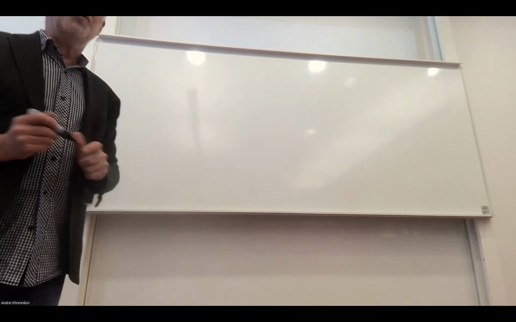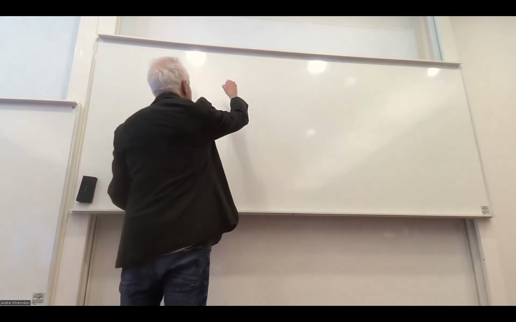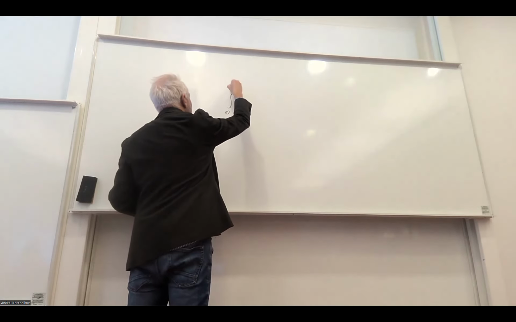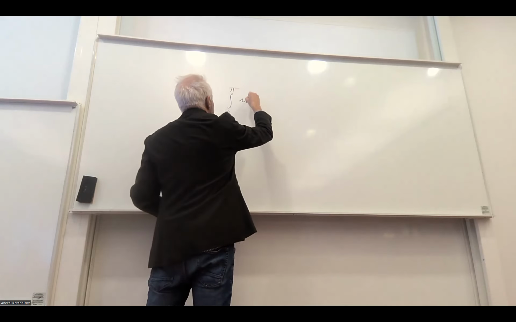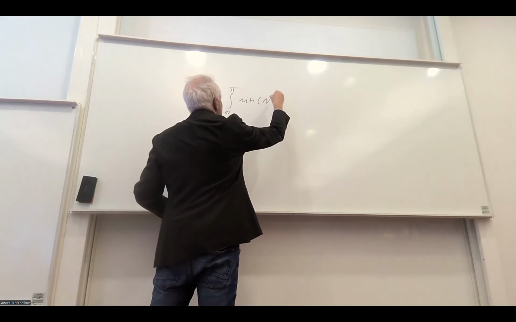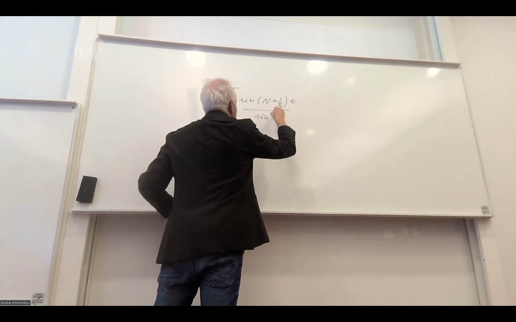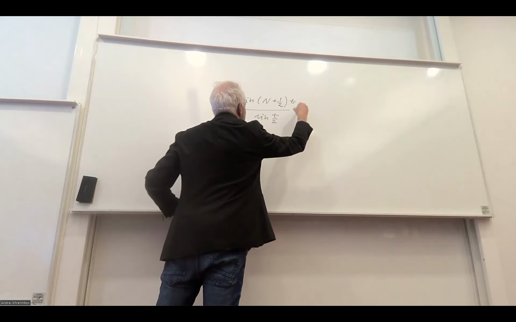So now go back to the Dirichlet sum, and we want to calculate this integral, for example, from 0 to pi of sin((n plus 1/2)t) divided by 2 sin(t/2) dt.